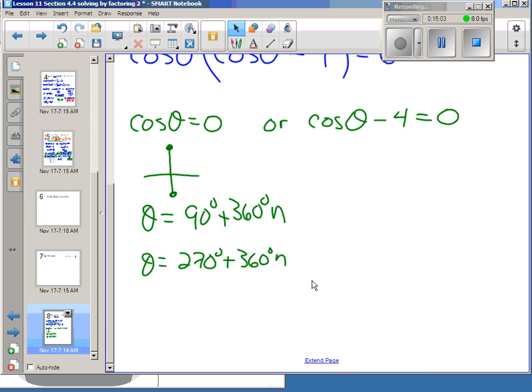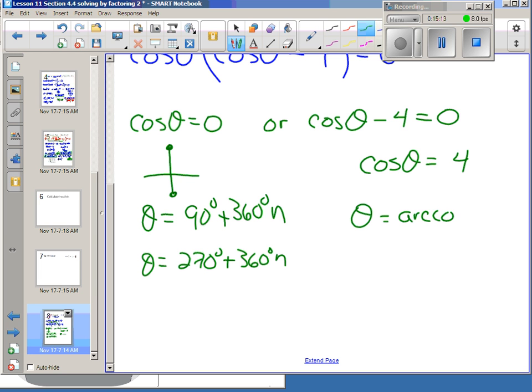Let's try the other one though. Cosine of theta minus 4 equals 0. Add 4 to both sides. So cosine of theta is 4. And theta, arc cosine 4. I hope that you will see, right now I know that this will give me no answers. Because my ratio, remember, my answer for cosine is a ratio.